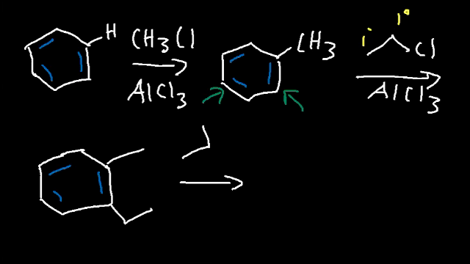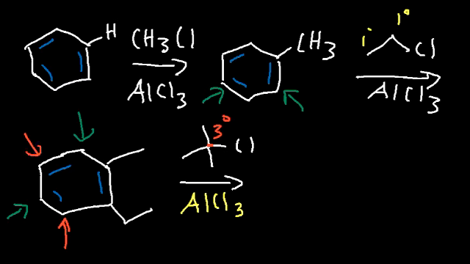Now what if we add tert-butyl chloride? Notice that the chlorine is on the most substituted tertiary carbon, so tert-butyl chloride won't rearrange. Now the methyl group wants it to go to the ortho or the para position, and the ethyl group wants it to go to the ortho or para position. So tert-butyl chloride can go anywhere.